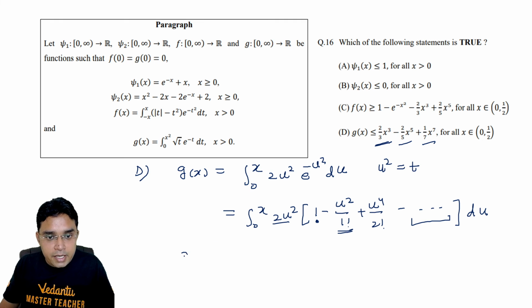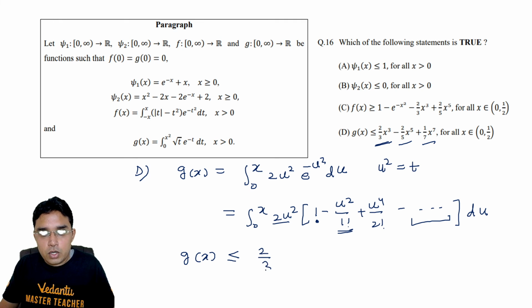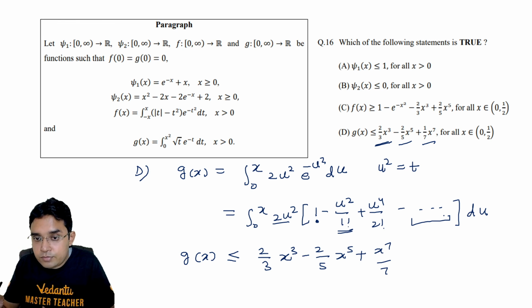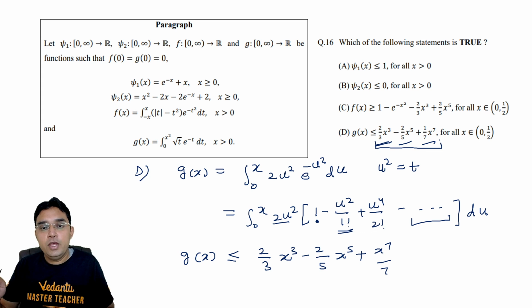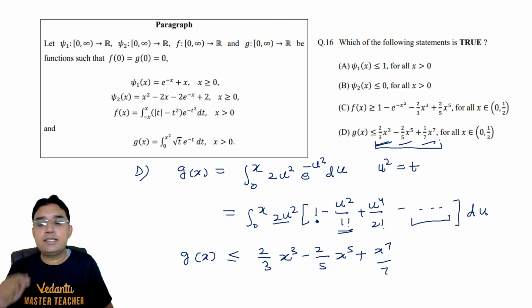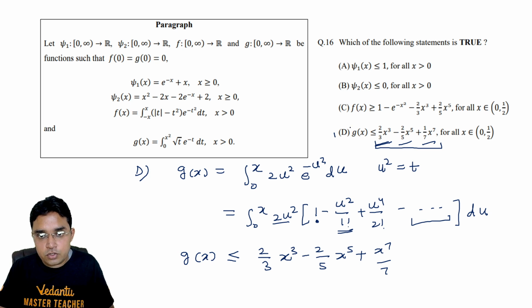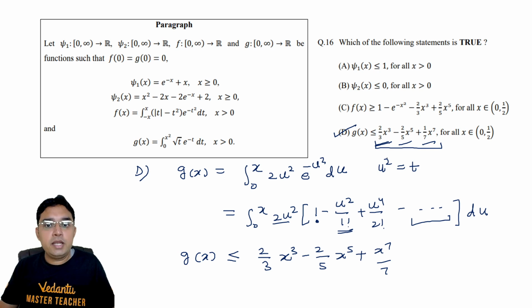So once again, the value of g(x) has to be less than or equal to 2 upon 3 x cube minus 2 upon 5 x power 5 plus x power 7 upon 7, because we are ignoring some of the terms which will actually be reducing the value of the expression given in the D option on the right hand side. So g(x) will actually be lesser than that. So the correct answer for this question is D only.